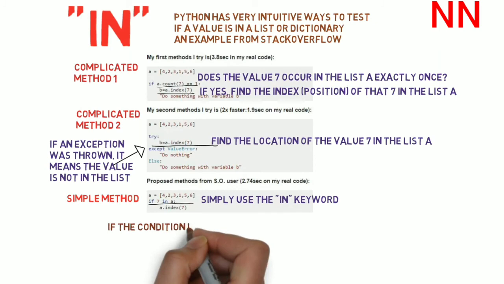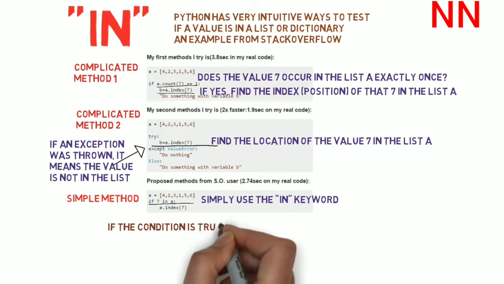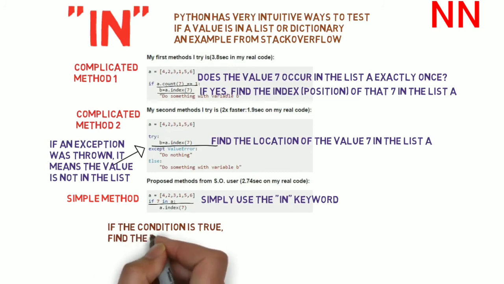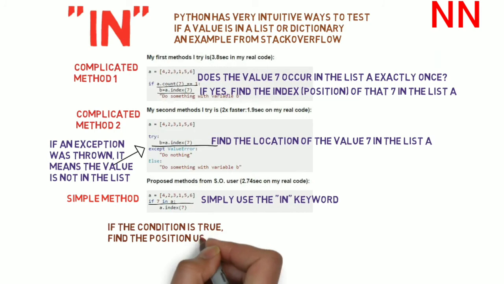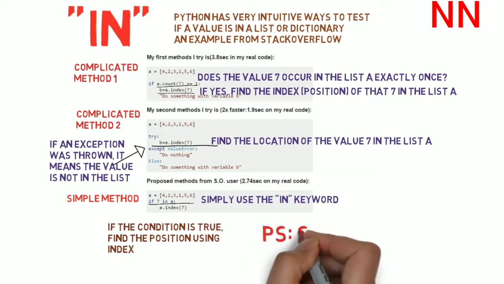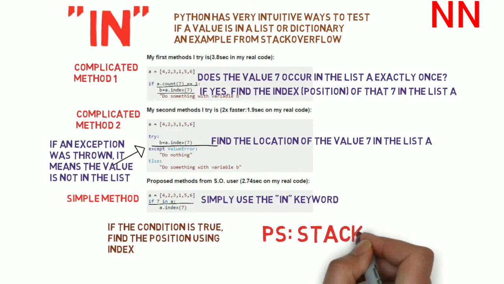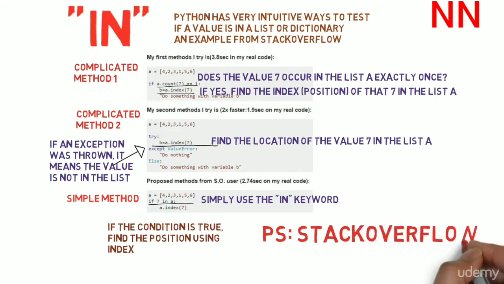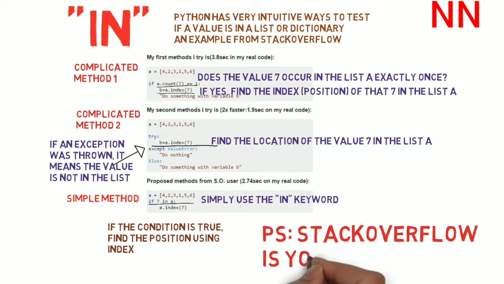Simply use the in keyword instead of using a complicated if statement or a try except block. So this is a pretty cool example from Stack Overflow which shows us how useful the in keyword is.